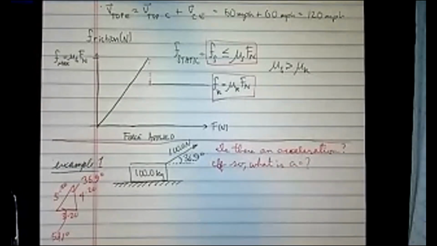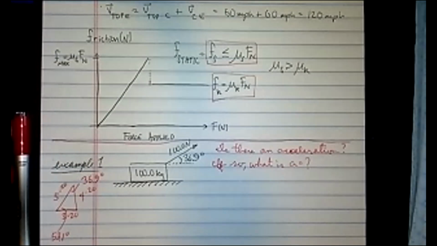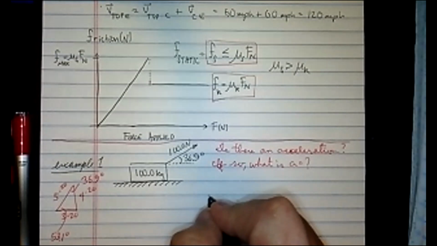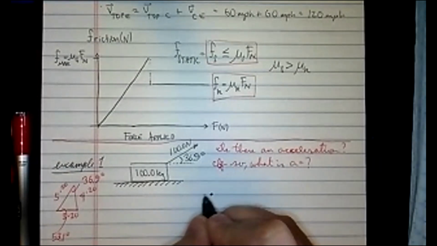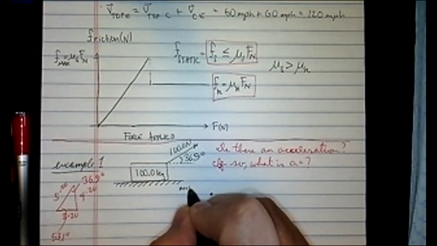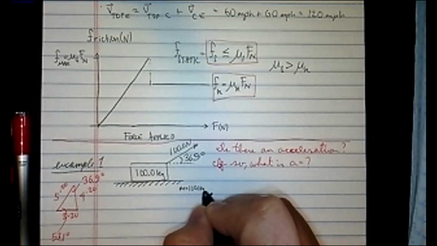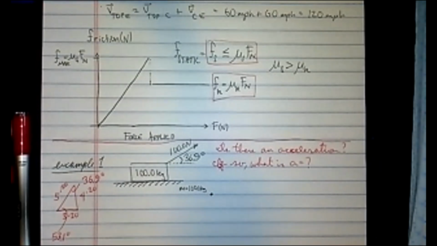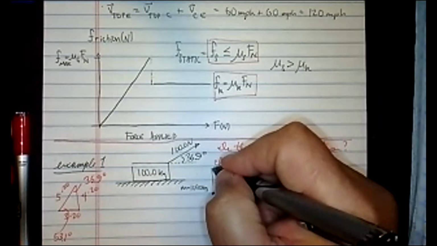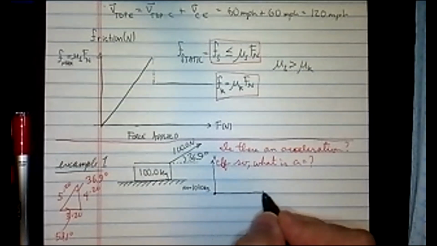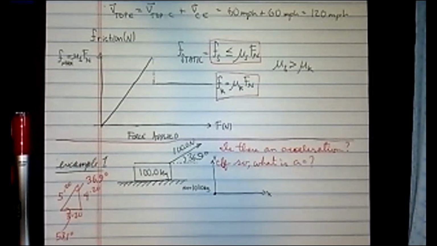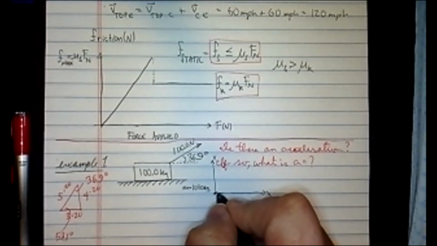So I'm going to start with a free body diagram because that's the way we use Newton's second law, with free body diagrams. So I'm going to put right here a mass M, which equals 100.0 kilograms. And now I'm going to draw my coordinate system such that up is positive y and right is positive x. And I'm going to draw my forces on it as follows.